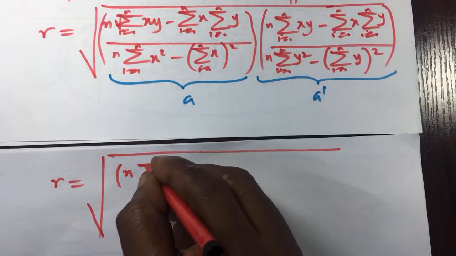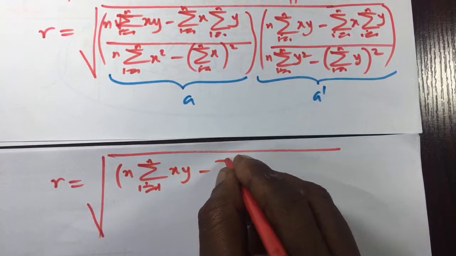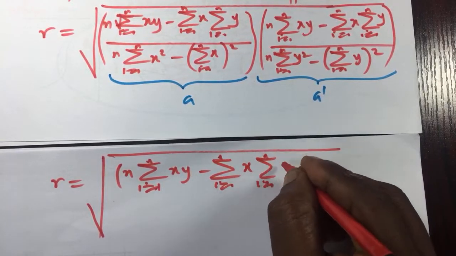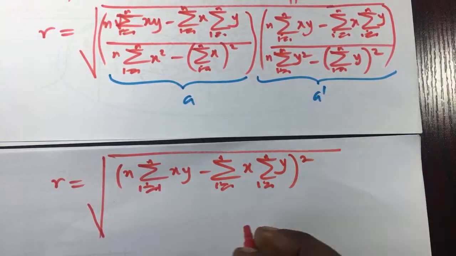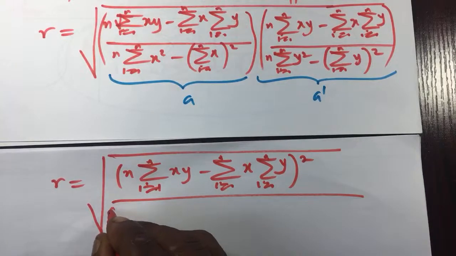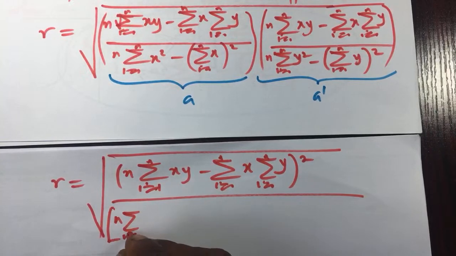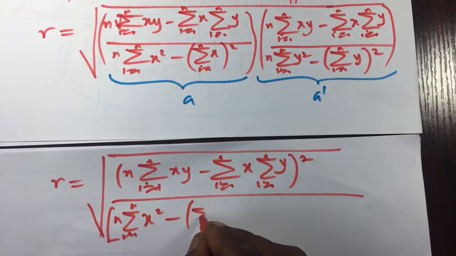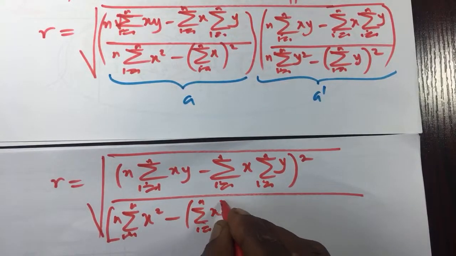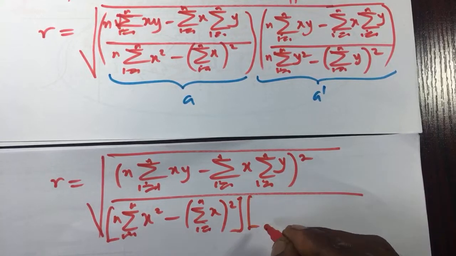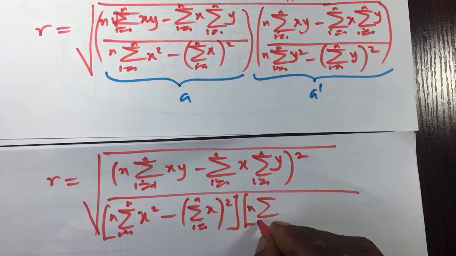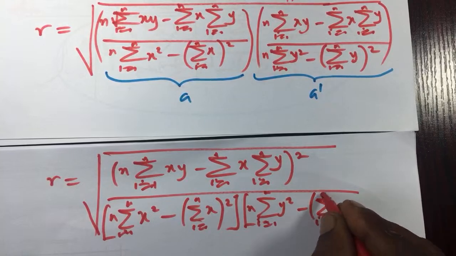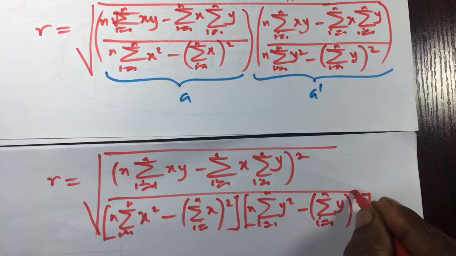So I'm going to merge them and do this: xy minus summation from i equals 1 to N of x times summation from i equals 1 to N of y, close bracket, all squared, all over, in one bracket, N summation from i equals 1 to N of x squared minus summation from i equals 1 to N of x, all squared, close that bracket, open another bracket, N summation from i equals 1 to N of y squared minus summation from i equals 1 to N of y, all squared. And I'm going to close this bracket.